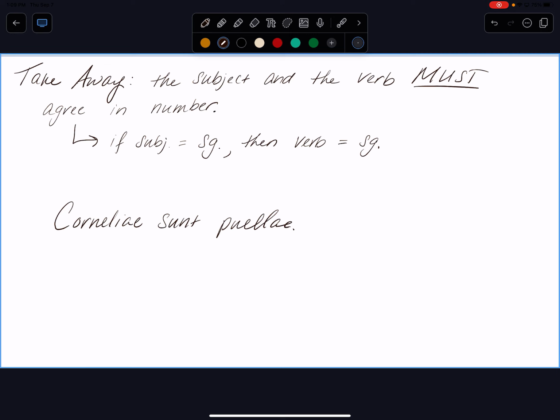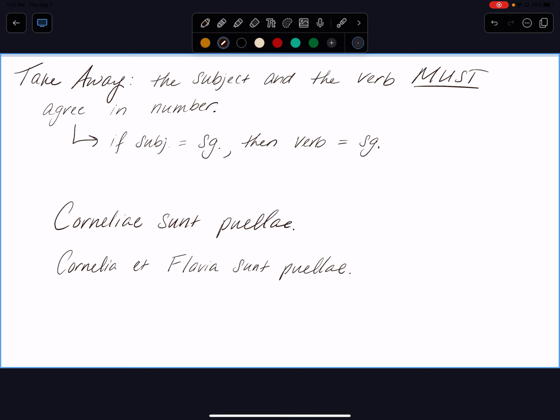Could I do this? Cornelia and Flavia sunt puellae. Is that a legal move?